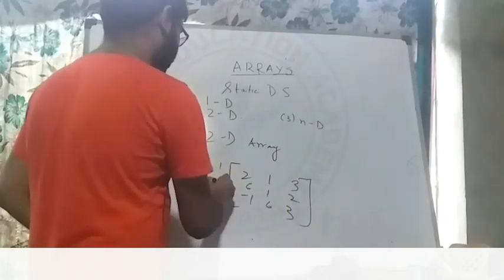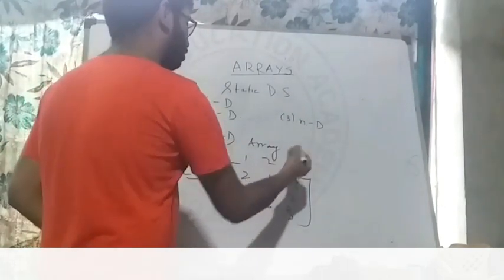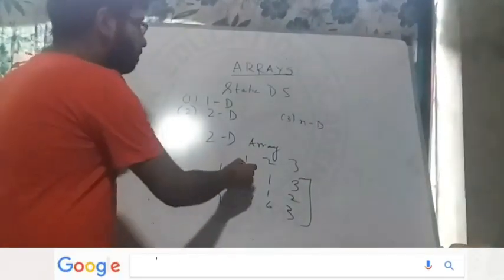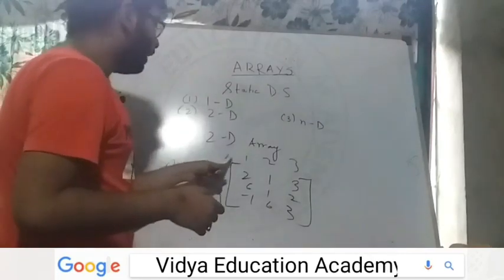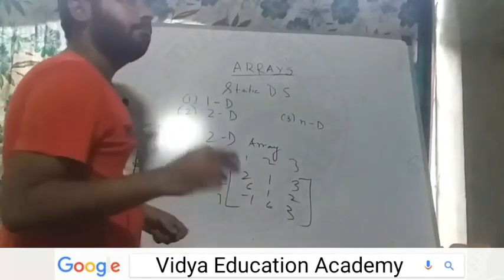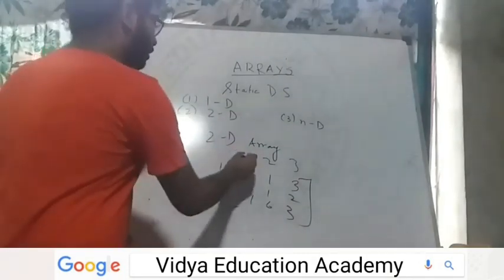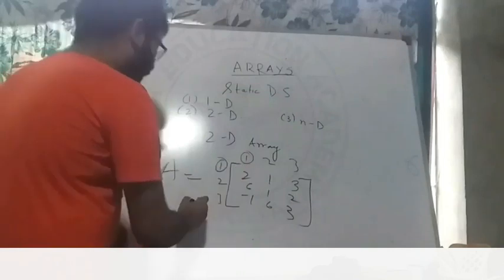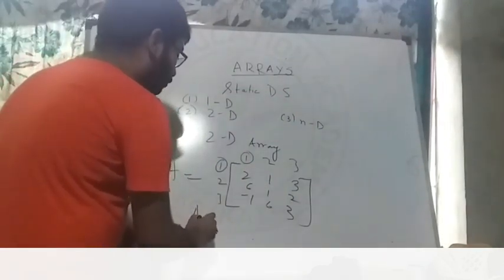These are the rows, these are the columns. So why is it two-dimensional? Because to represent an element, two indexes are required. In computer science, the row and column represent the index. So to represent the number, we have to give two indexes.